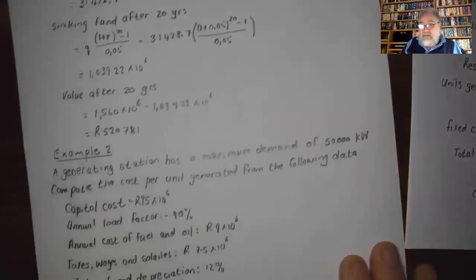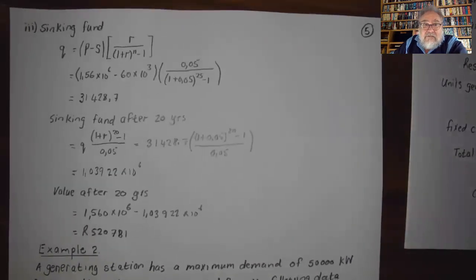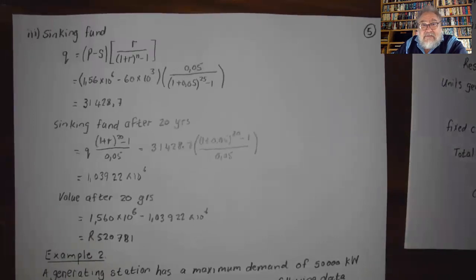Now using the sinking fund method, Q is equal to P minus S times R over 1 plus R to the power of N minus 1. Now, if you substitute all that, we get 31,428 Rand 70 cents.